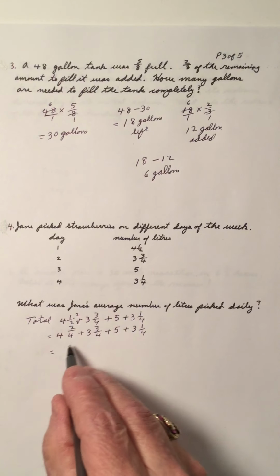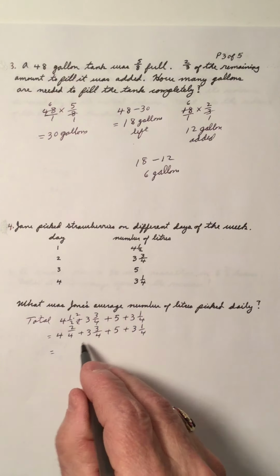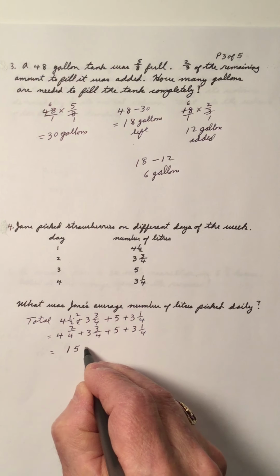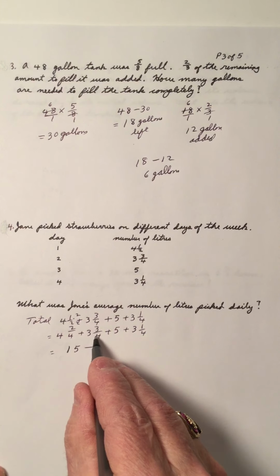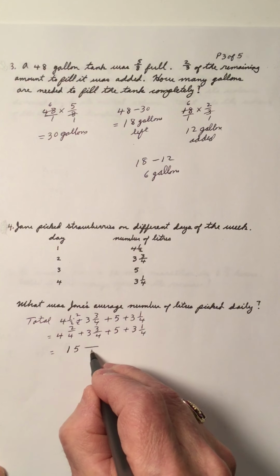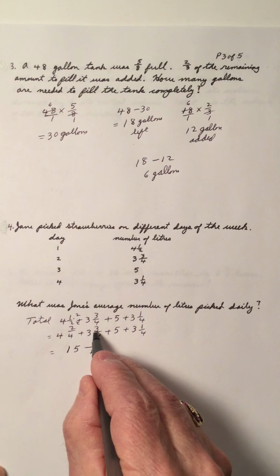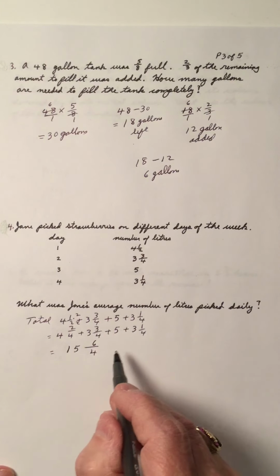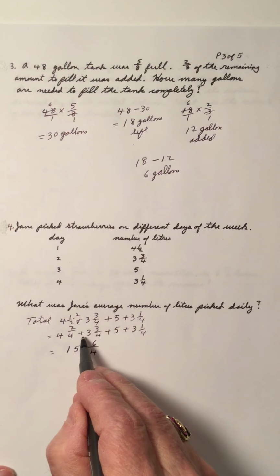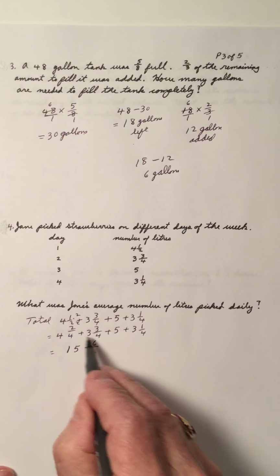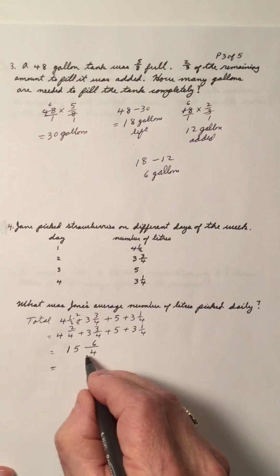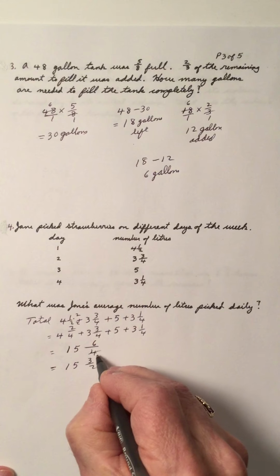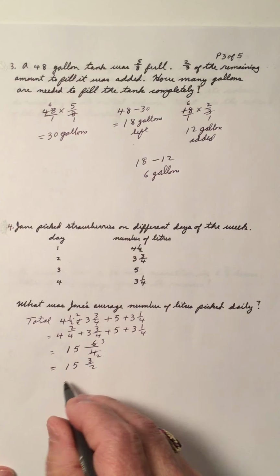So when we add all these up, we have 8, 7 is a 15. The common denominator is 4, so 4 is my denominator, 2, 3 is 5, and 1 is 6. So we get 15 and 6 over 4. 6 over 4 is 3 over 2 when I divide 2 into both of them.